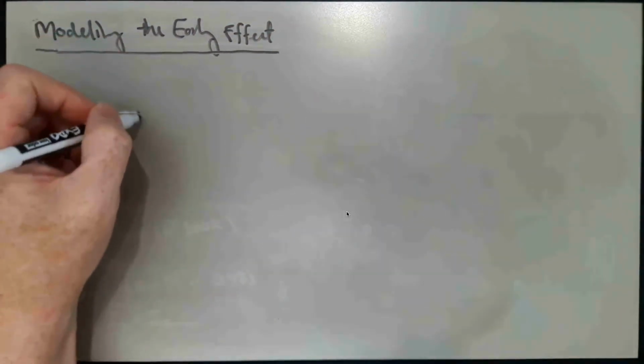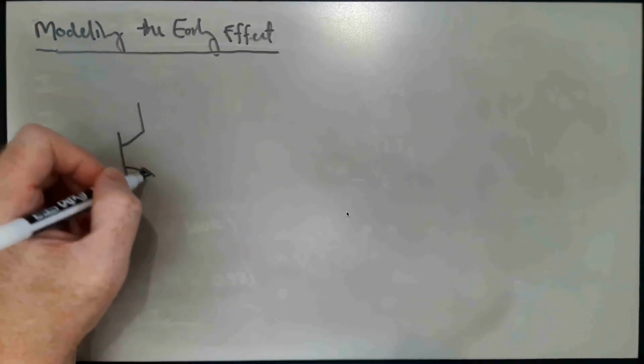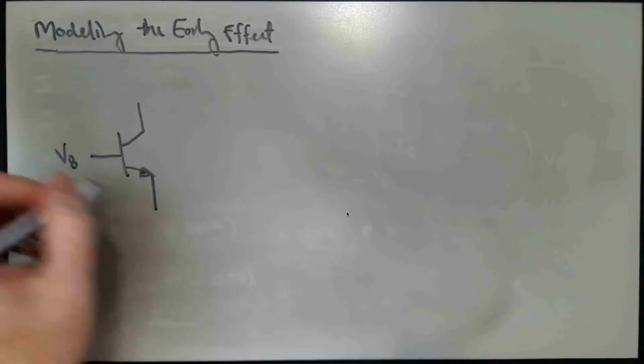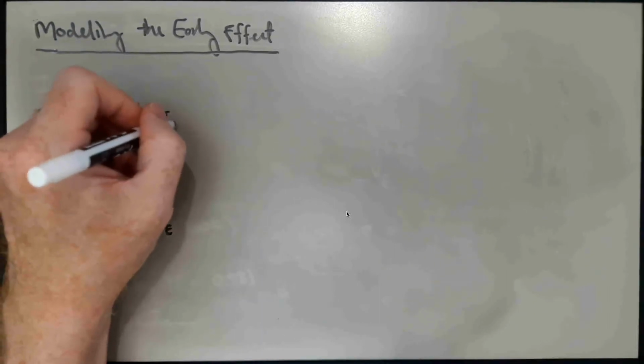We're going to have our 0th order transistor here, which is the ideal behavior of the transistor in the active mode, with some VB and some VE and some IC.